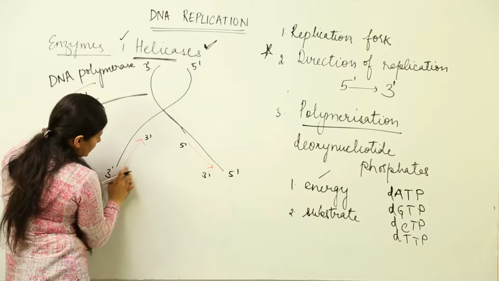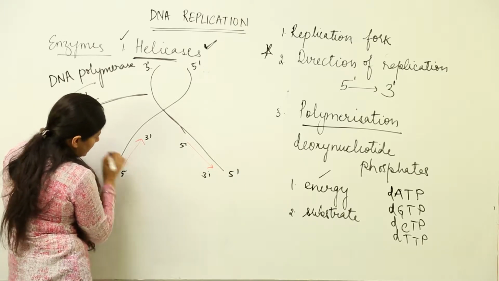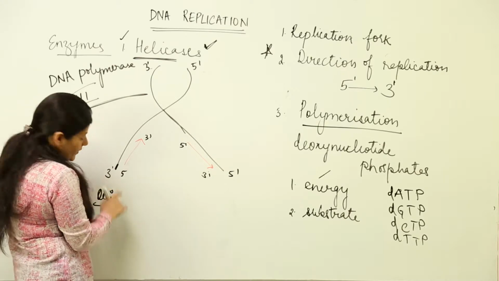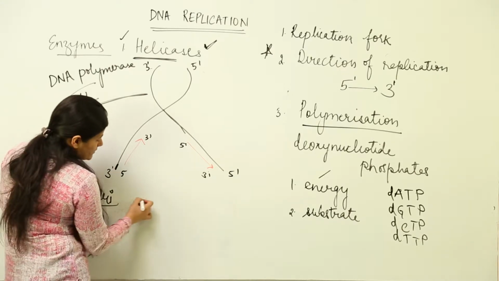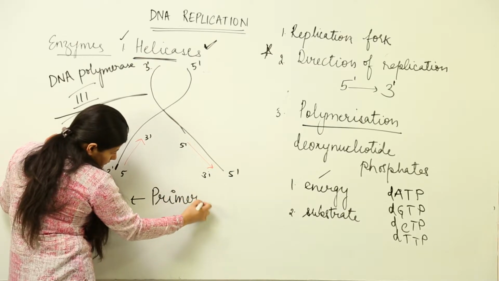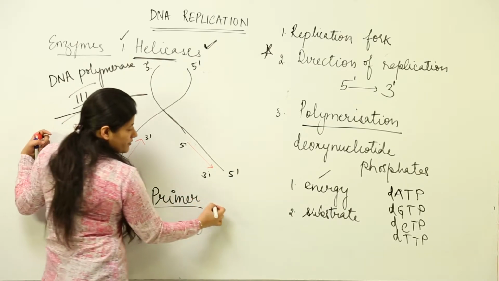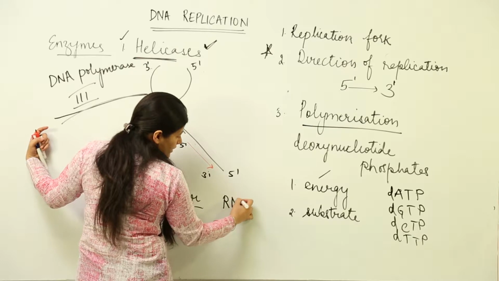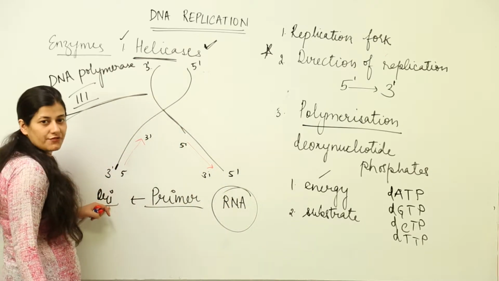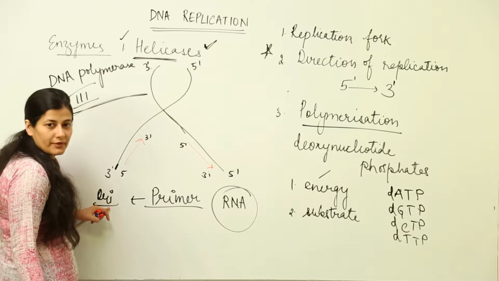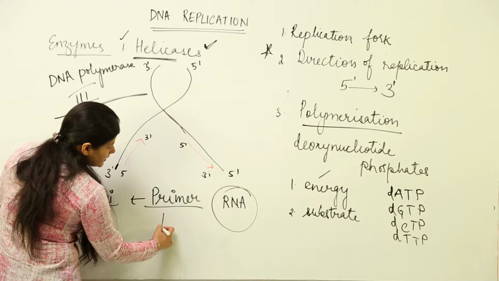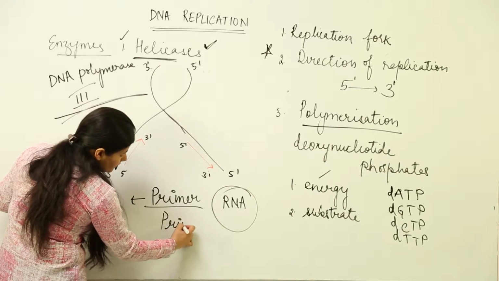But how does it occur? Over here we have a specific sequence that is known as ORI, the origin of replication. At the origin of replication, who comes? There comes the primer. What is a primer? A primer is a very small RNA sequence which identifies the origin of replication. It comes and identifies the origin of replication. There is an enzyme involved known as primase.